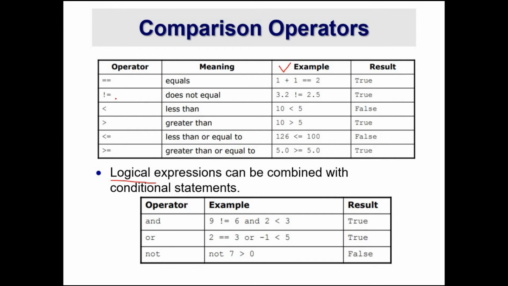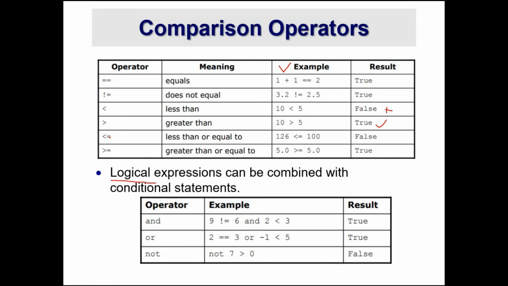This operator is called not equal to, or does not equal. So 3.2 does not equal 2.5, so the result is true. Then we have the less than sign, like 10 is less than 5, and the result is false. Then we have the greater than sign, like 10 is greater than 5, the result is true.